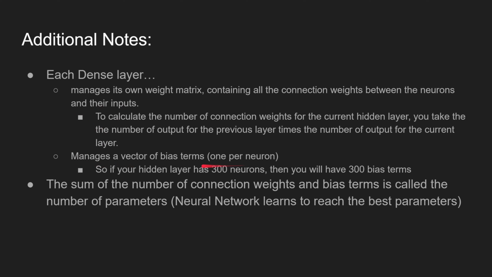One per neuron. So if your hidden layer has 300 neurons, then you will have 300 bias terms. And the sum of the number of connection weights and bias terms is called the number of parameters. And our neural network actually tries to reach the best parameters. And remember that parameters are different from hyperparameters.